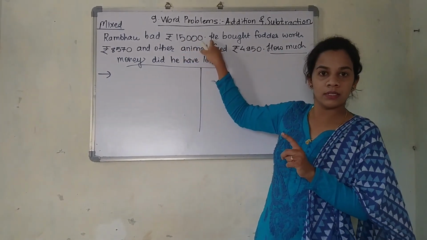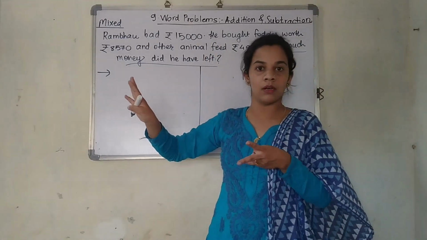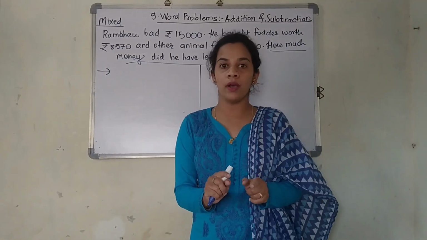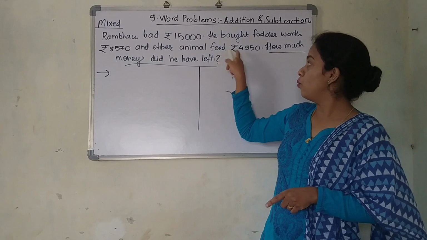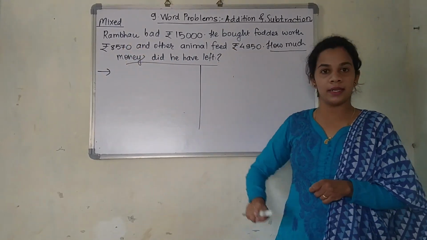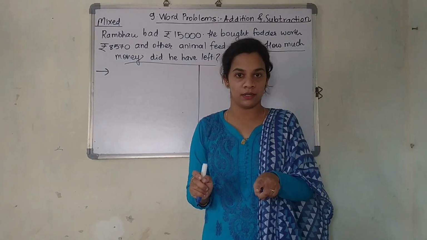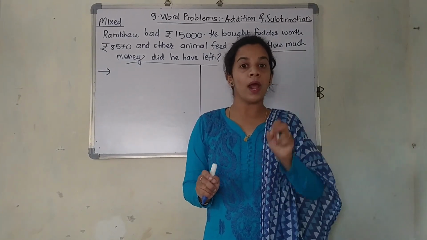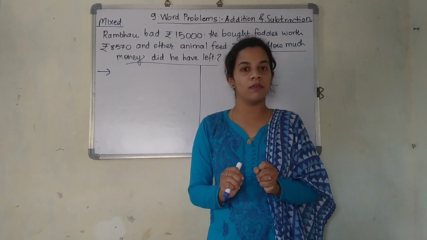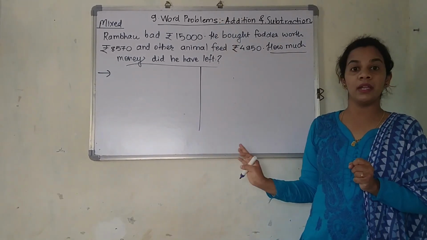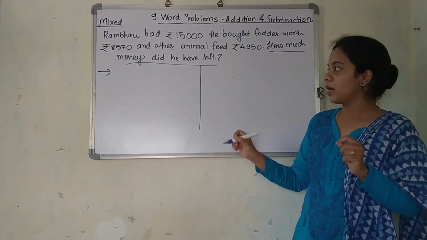We are comparing with this number, 15,000 is bigger, so we are not going to add it. We are going to add the two numbers, 8,570 and 4,950, which are the smallest. This is a trick inside it. Whatever addition we get, we are going to subtract from the main big number, that is 15,000. So that is what I will do over here.